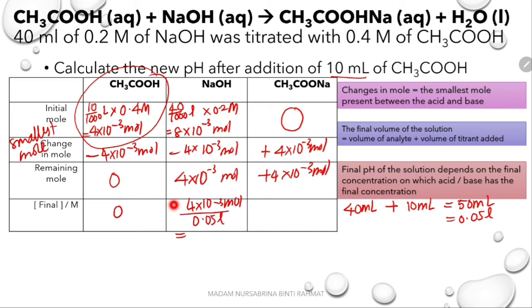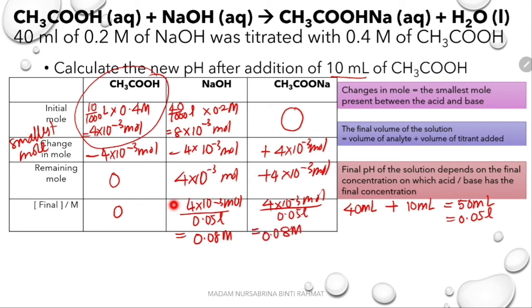So you will get the molarity in terms of mole per liter, which is equal to 0.08 molar. The salt is 4 times 10 to the power negative 3 mole as well, divided by the volume, so we'll have 0.08 molar as well.